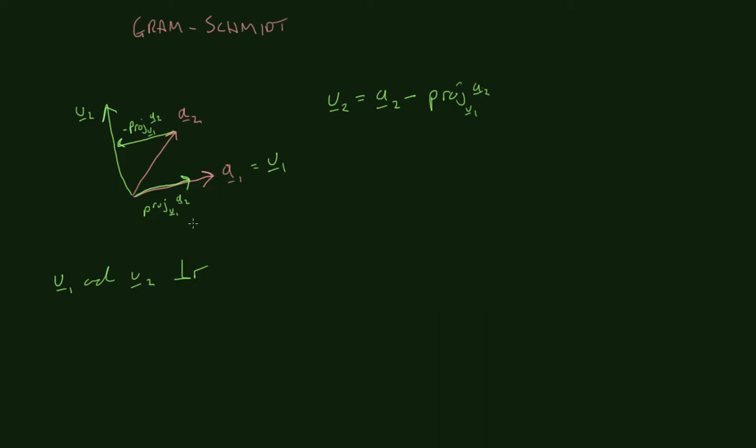For every subsequent vector, let's say we had another vector A3, we'd want U3 to be perpendicular to both U1 and U2. So we'd have to subtract the projection of A3 onto U1 and also the projection of A3 onto U2.